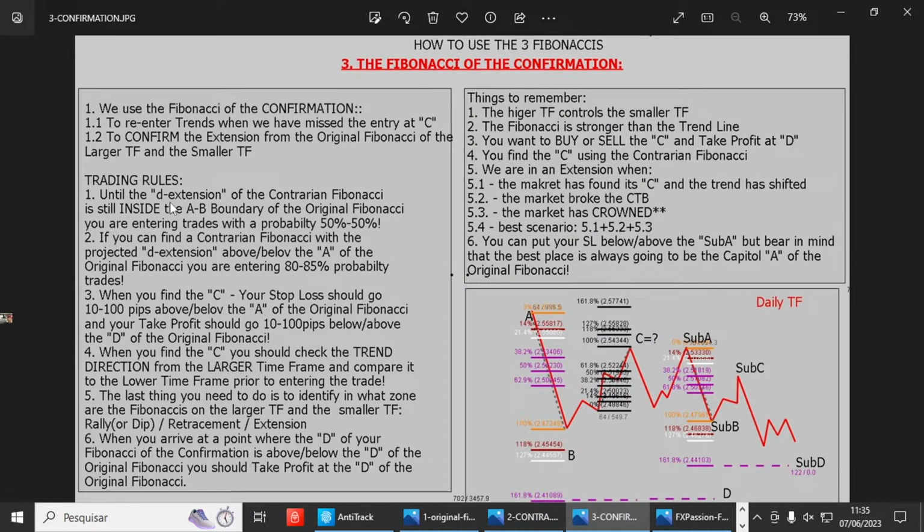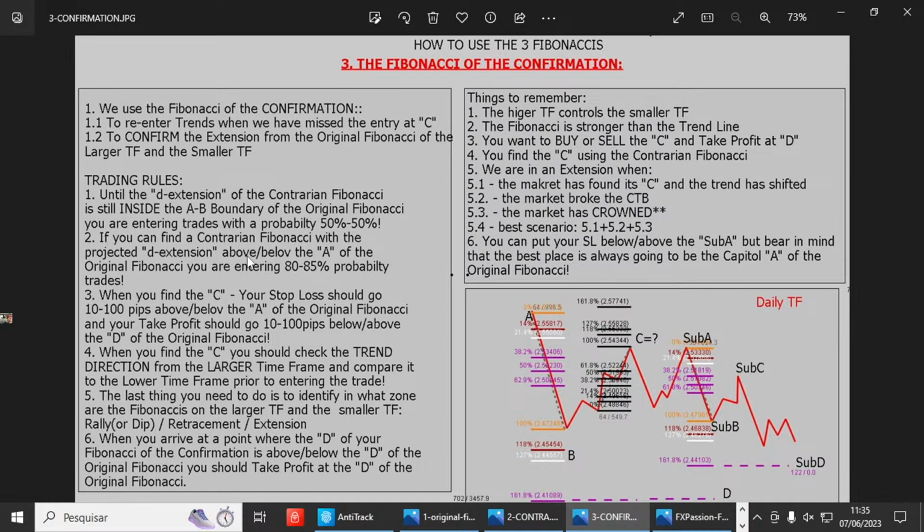Trading rules: until the extension of the contrarian Fibonacci is still inside the AB boundary of the original Fibonacci, you are entering trades with a probability 50-50 on the Fibonacci of the confirmation 2. Alright, everybody?